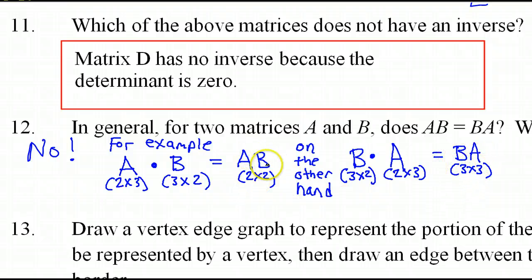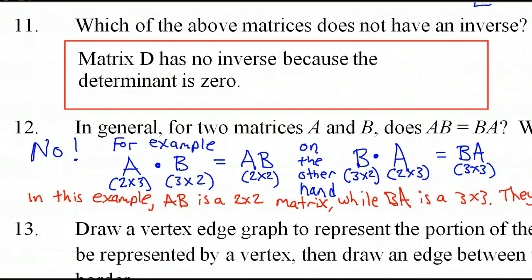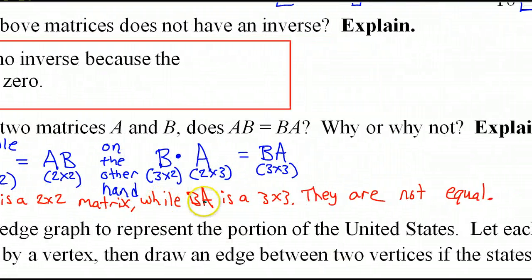Without knowing the details of the elements of the matrices, they're not even the same shape, so there's no way they can be equal. I'll put an extra sentence down here: in this example, AB is a 2 by 2 matrix, while BA is a 3 by 3 matrix. They are not equal.